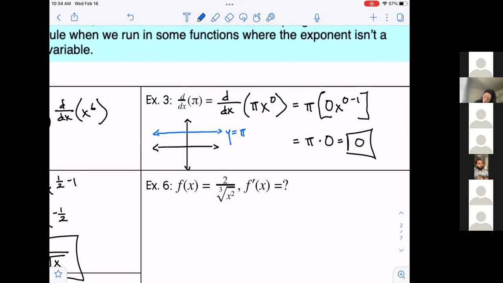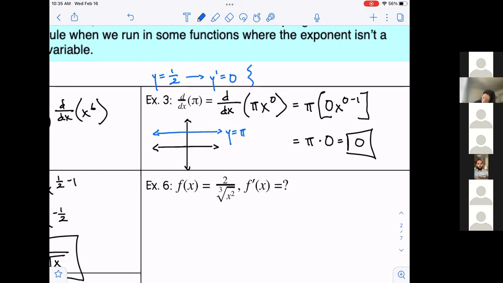What do you think if I said y equals 1/2? What would the derivative of that be? Indeed, a horizontal line at y equals 1/2 will always have a slope of 0. Okay.